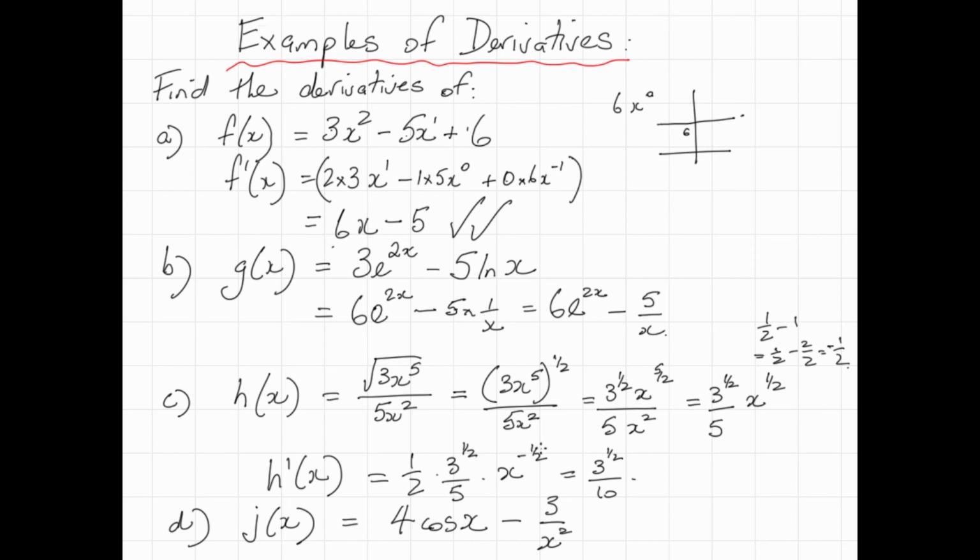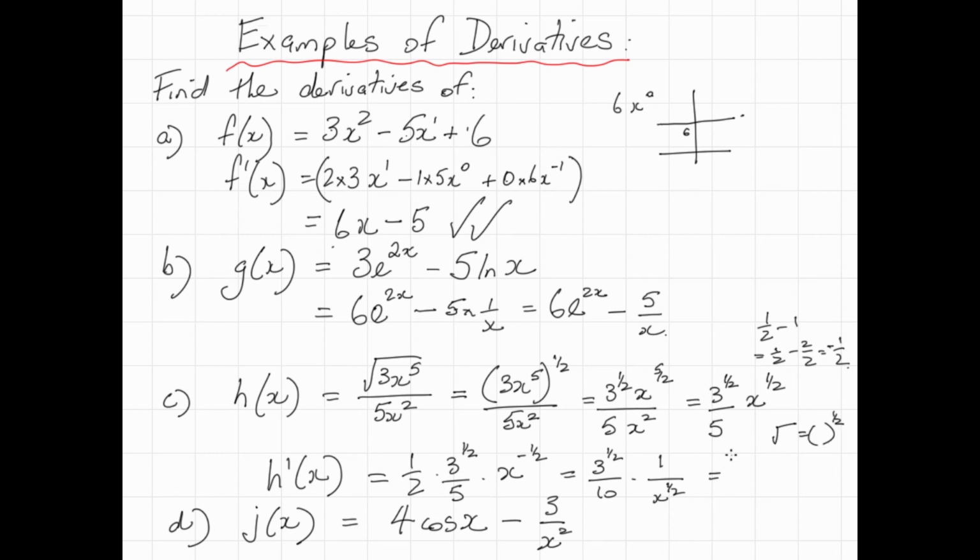And so we get 3 to the half over 10. Now anything to the negative power can be moved over to the positive power. So we've got x to the minus half in the numerator, so we can take it downstairs, put it in the denominator and put it to the positive half. Now we know that square root is to the power of a half.